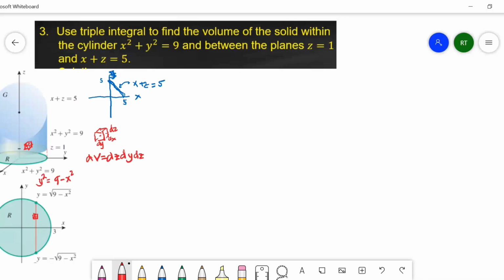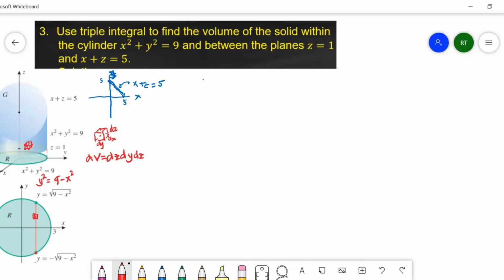So getting the square root of both sides of the equation will give us y is equal to positive square root of 9 minus x squared and negative square root of 9 minus x squared. The lower end is y is equal to negative square root of 9 minus x squared, and the upper end is y is equal to the square root of 9 minus x squared.